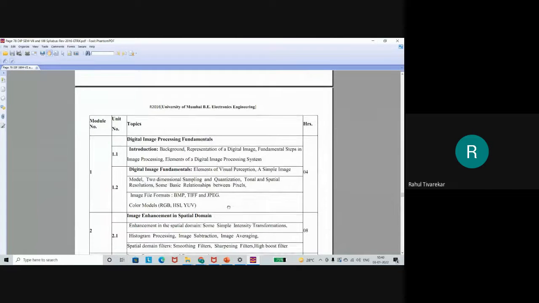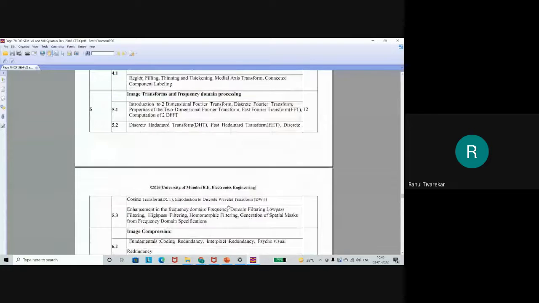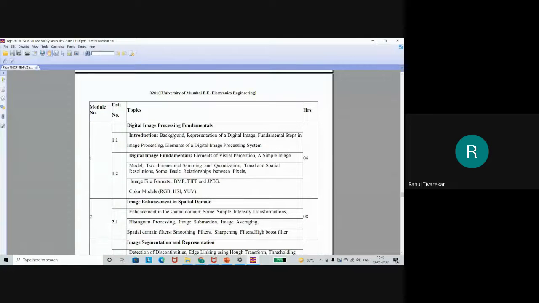So in theory, you have a total of 6 modules, out of which the first is digital image processing fundamentals. You will have to understand what the fundamental steps in image processing are, how image elements are processed by a system, what the image formation model is, how an image is actually formed from the actual scene, how a digital image is formed, and what the different image file formats are, such as JPG and PNG that we have heard so many times.